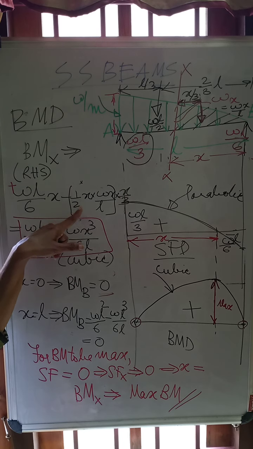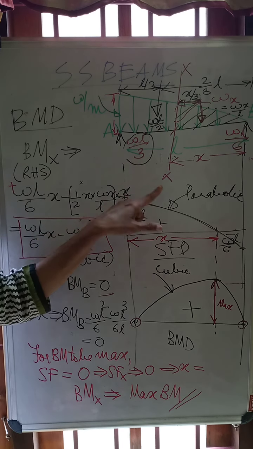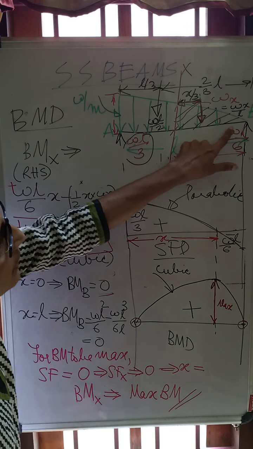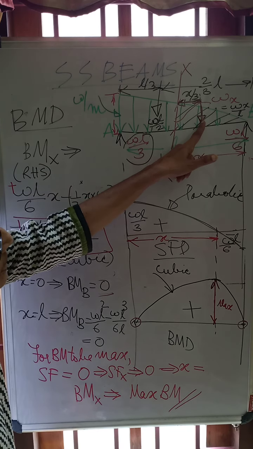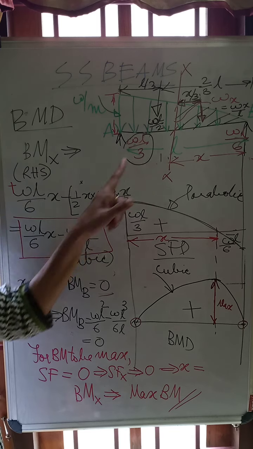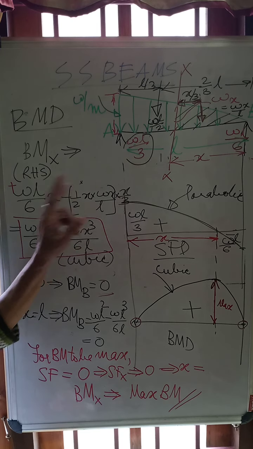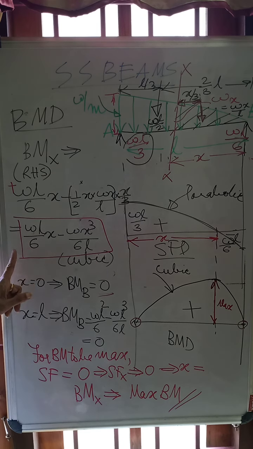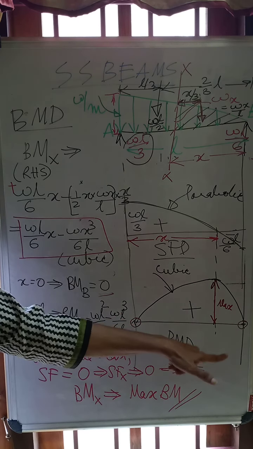That is half into X into Wx by L, which is acting at 1/3 of this particular triangle. So I have marked here 1/3 distance X from this particular section line. So this is the loading into moment distance. So you get your equation WL by 6 into X minus Wx cube by 6L. Since it is a third degree equation, it is a cubic equation, so you have to understand that the variation has to be cubic.